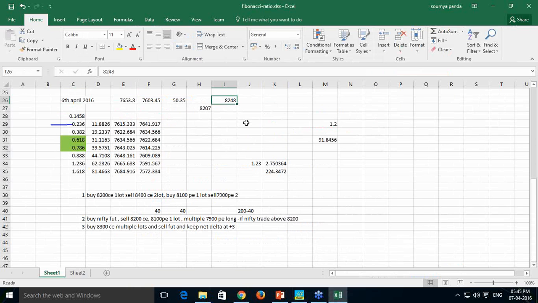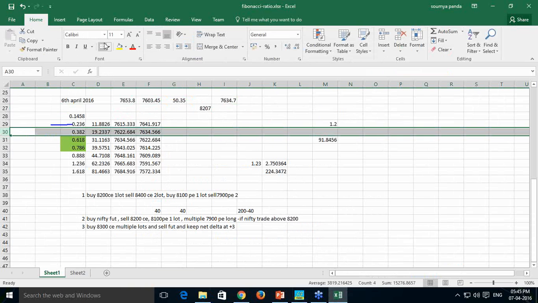If I compare these things, there is an opening, there is a low, and I settled here. So at 0.382 of the downtrend, I have settled for the day on 6th April.